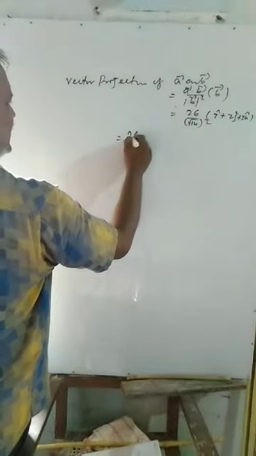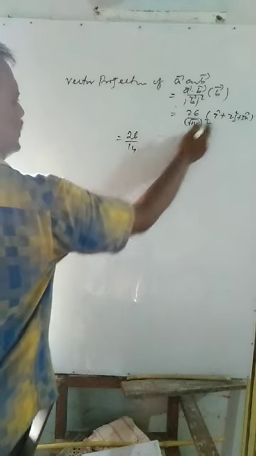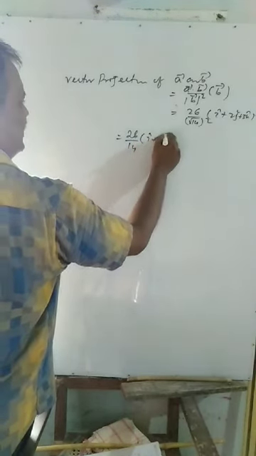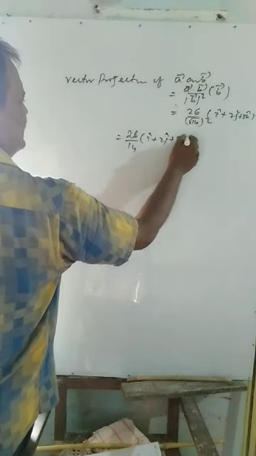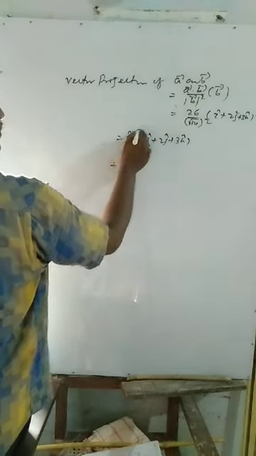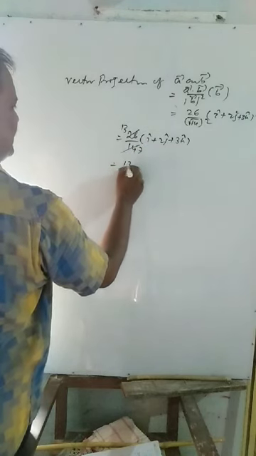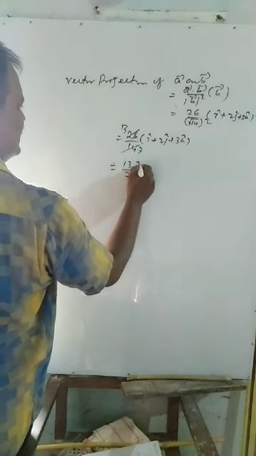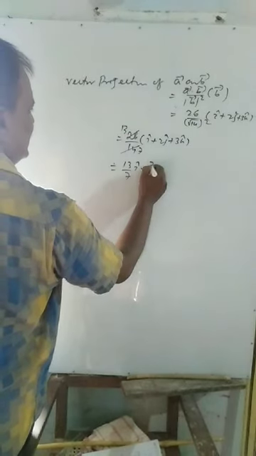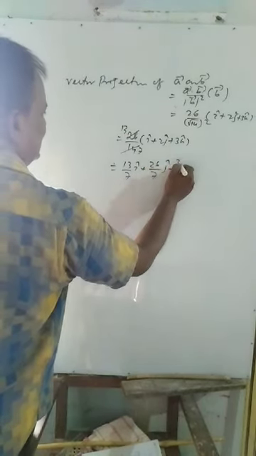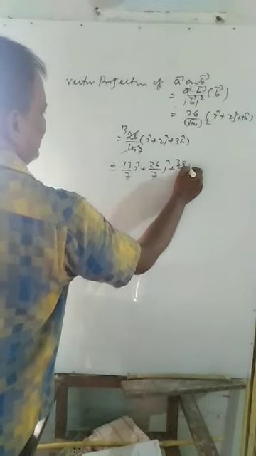So now you look at, here it is 26 by 14 into i cap plus 2j cap plus 3k cap. You multiply simply for this one, you will get 13 by 7 i cap, 13 twos are 26 by 7 j cap, 13 threes are 39 by 7 k cap.